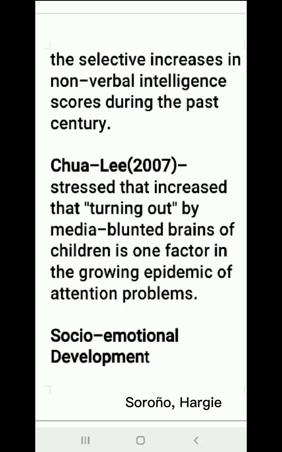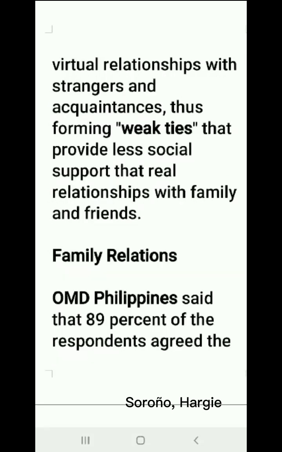Chuli, 2007, stressed that increased turning out by the media blunted the brains of children, one factor in the growing epidemic of attention problems. Socio-emotional development. Virtual relationships with strangers and acquaintances form weak ties that provide less social support than real relationships with family and friends.